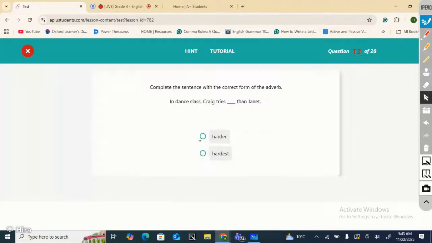In dance class, Craig tries blank than Janet. Craig tries harder than Janet, hardest than Janet. Now there's a hint as well which can tell you than is used. So which adverb must be used?